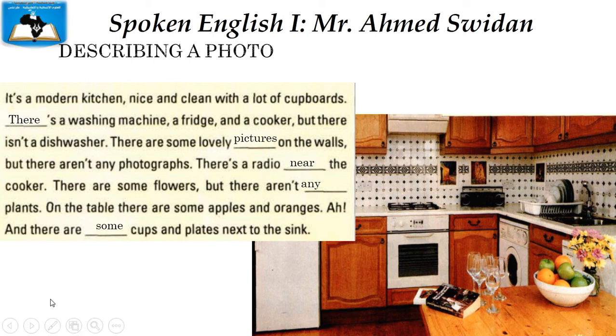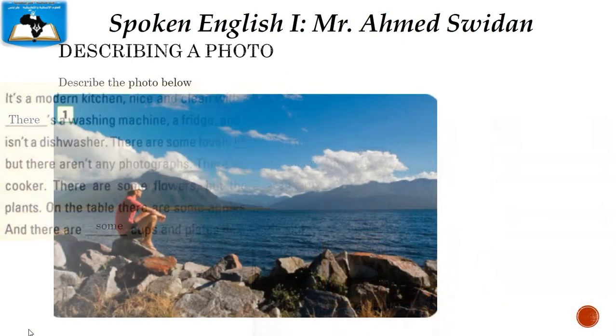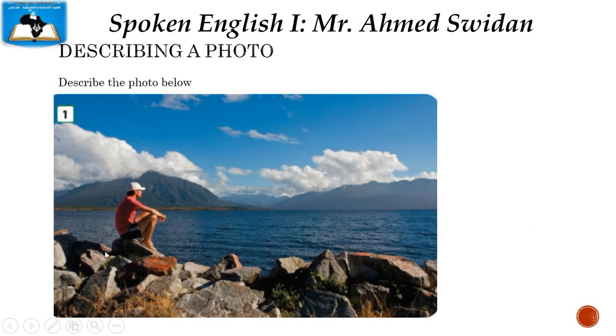We can take this photo as a homework for you to describe. So what's in it, what's in the foreground, what's in the background, what's in the distance, who's in it, what's he doing. There's a man in the photo. There's a man sitting on a rock and watching the sea or looking at the sea or the river.